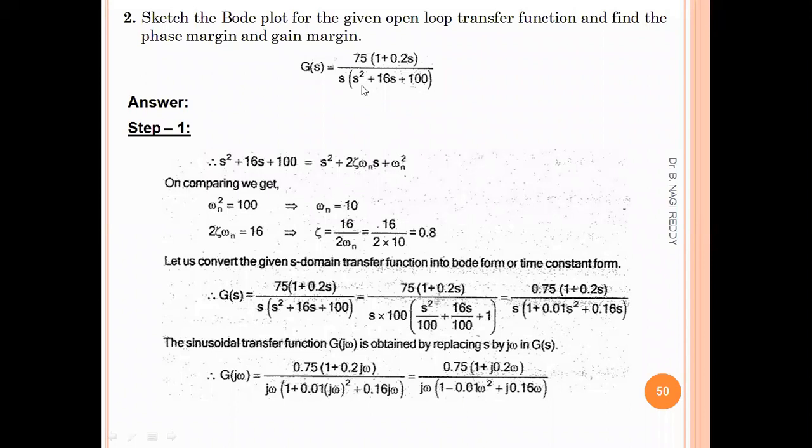If the given problem doesn't have the factorization, if it gives the second order equation directly, we will consider the second order equation only as a single term. So totally we are having three terms. One is 0.75 by j omega, second one is 1 plus j 0.2 omega, and third one is 1 by (1 minus 0.01 omega square plus j into 0.16 omega). So three terms are there.